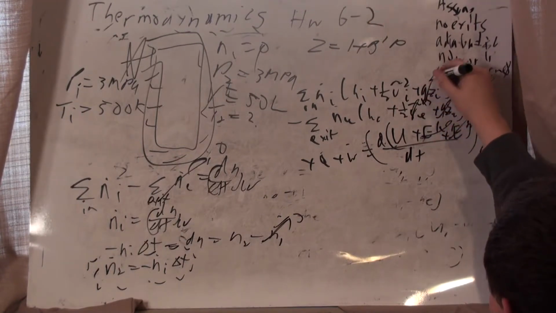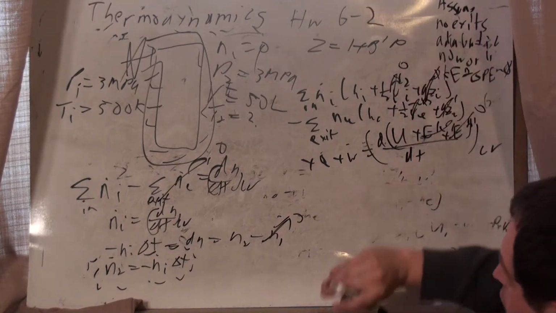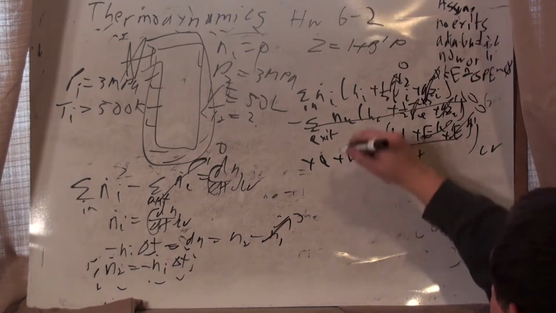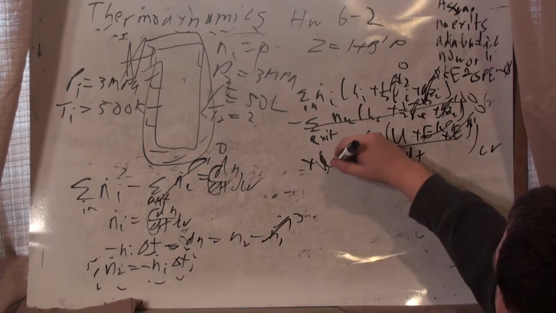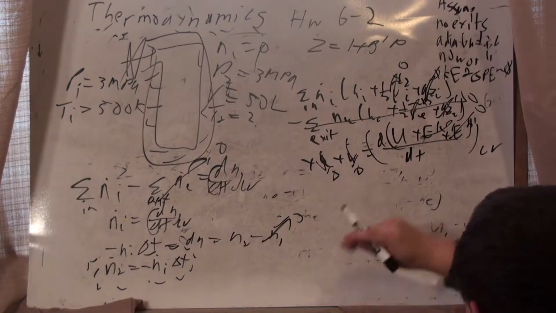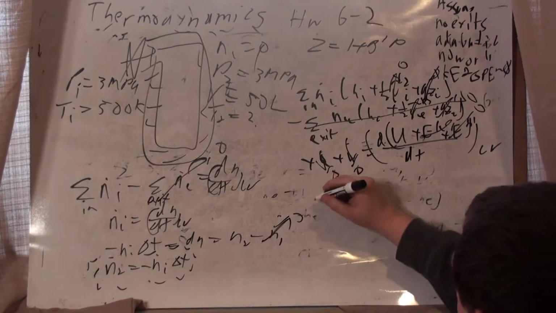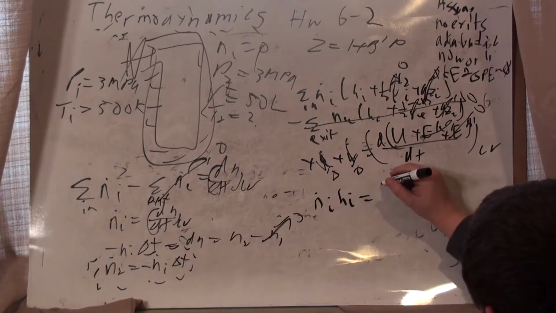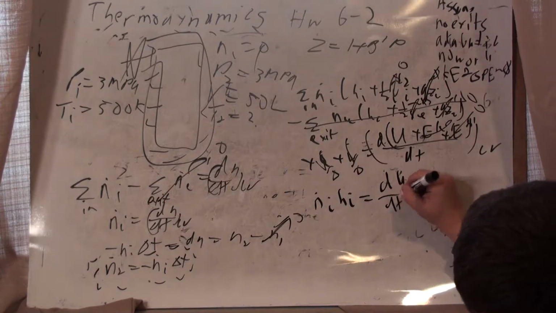That goes to 0, that goes to 0, that goes to 0, because of the kinetic and potential energies. This whole thing goes to 0 because there's nothing coming out. This goes to 0 because there's no work, and this goes to 0 because it's adiabatic. So what I'm left with is N dot I HI equals dU/dt of the control volume.